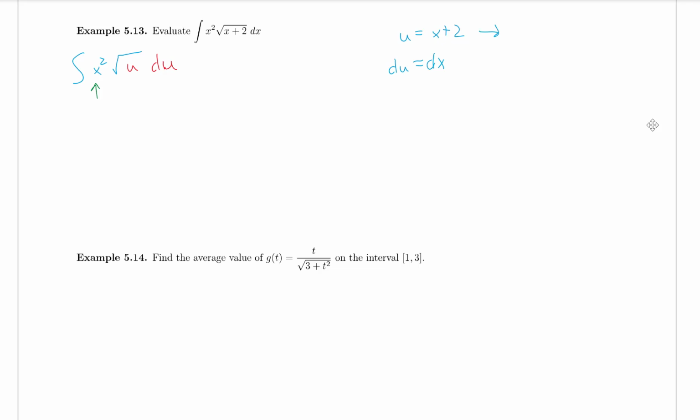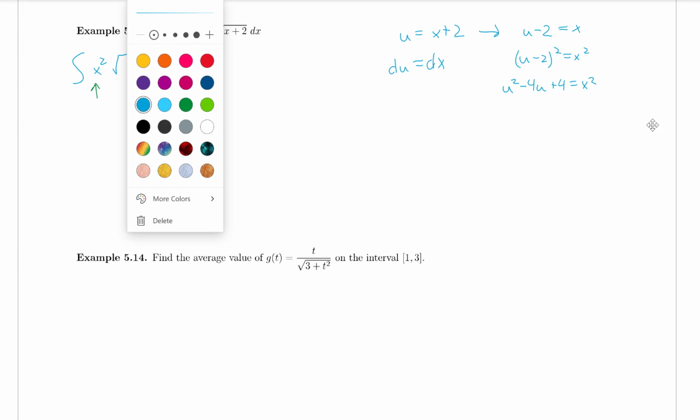What we can do is, since we know that u is equal to x plus 2, we know that u minus 2 is equal to x, and then u minus 2 squared is equal to x squared, and that's the substitution that we're going to need to do. I'm going to simplify that one step further. u squared minus 4u plus 4 is equal to x squared, and that's what we're going to substitute in for that x squared over here on the left.